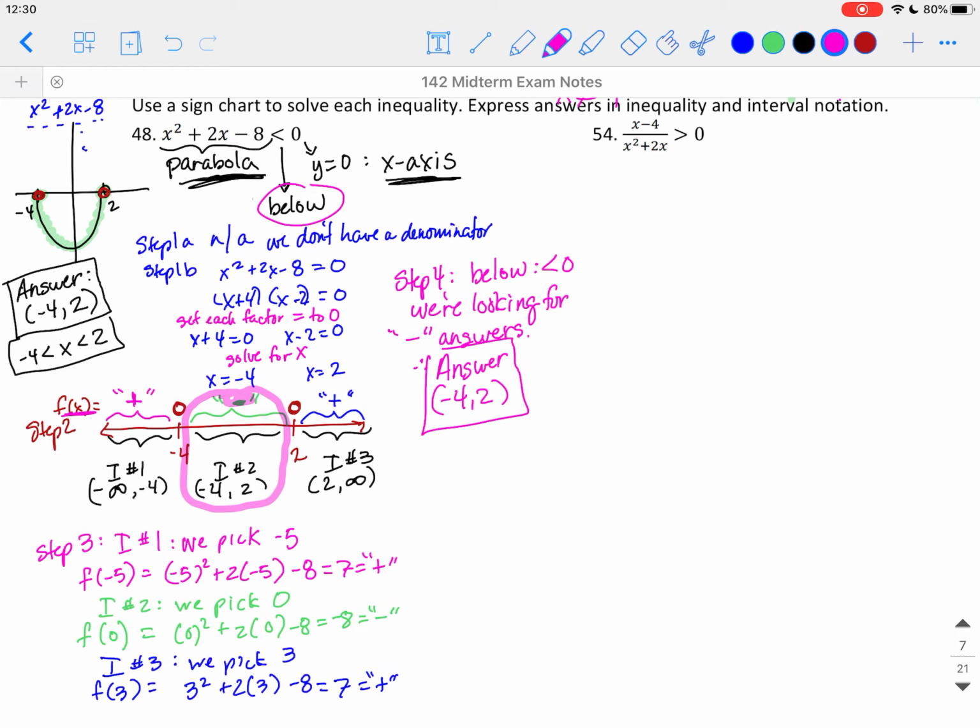Okay, so now let's try the second one. x minus 4 divided by x squared plus 2x is greater than 0. So if you are going to graph it, make sure that you understand that this is going to be some rational function.